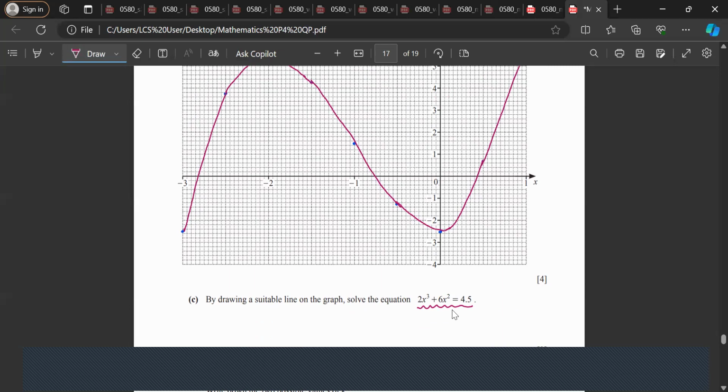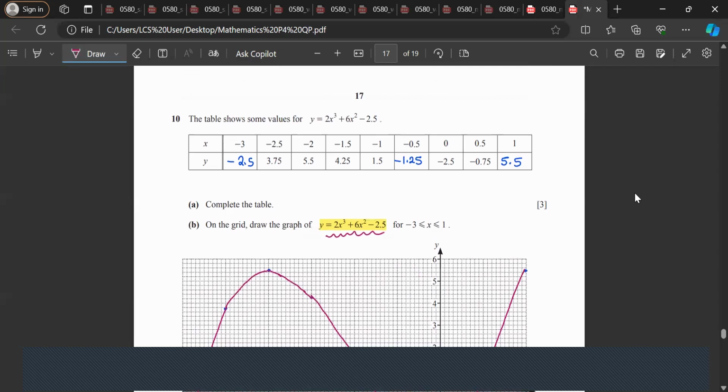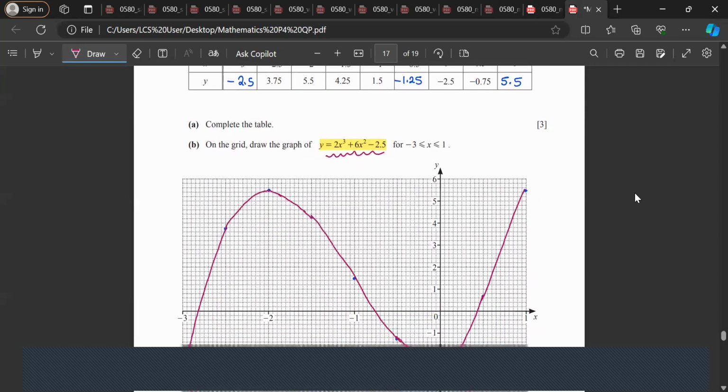I need to draw a line, and this line consists of solving the two equations together. So whenever he says by drawing a suitable line and gives me another equation, I will subtract the two equations together.